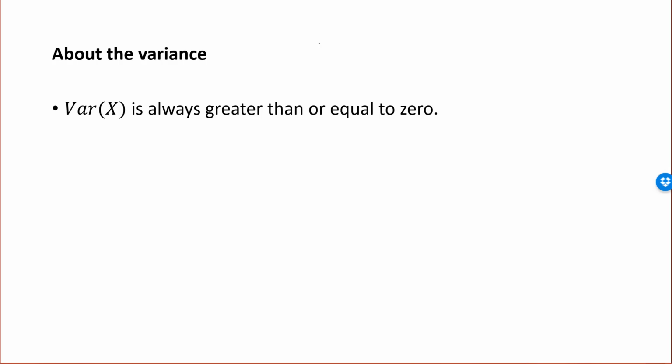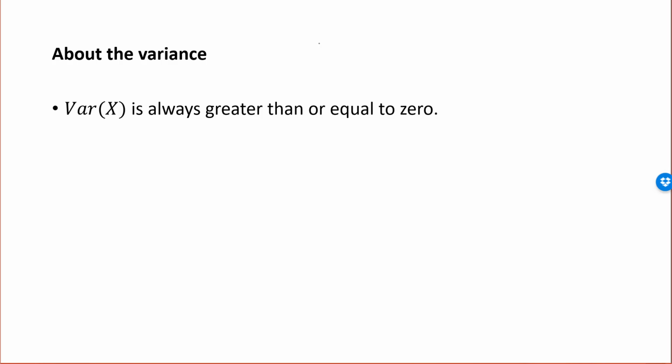We view that as the case that there is no variance in the random variable, and that happens only in one particular case. It happens when the random variable can take only one value. If it can take only one value, say 5, then the expected value of the random variable is that same number 5.